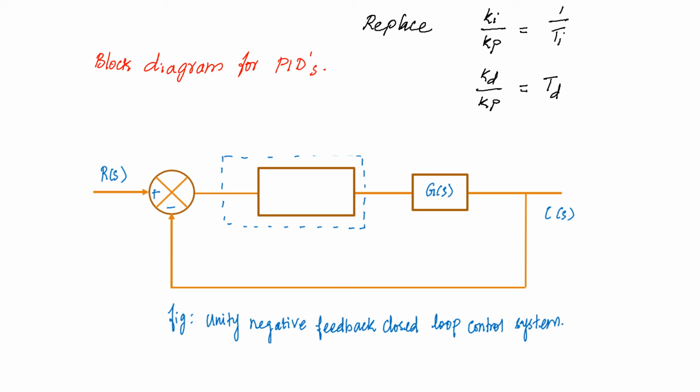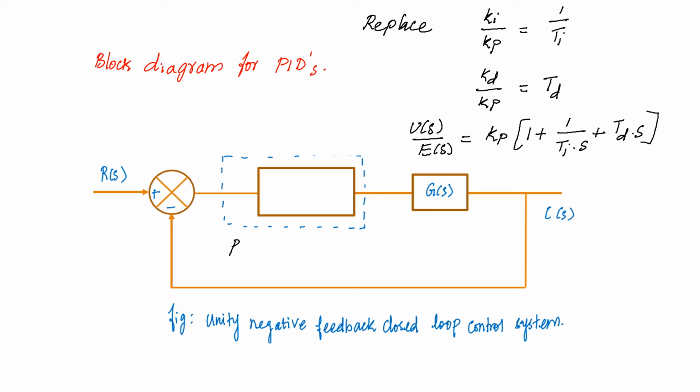So the previous equation becomes U of s divided by E of s is equal to Kp of 1 plus 1 divided by Ti dot s plus Td dot s, right? This is your transfer function you're going to write here.